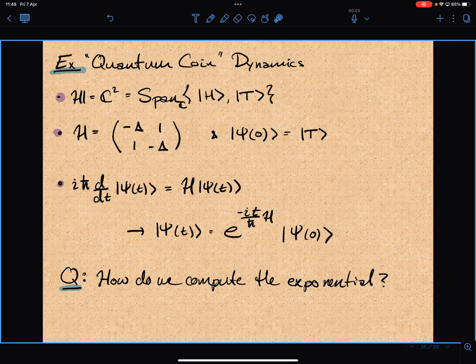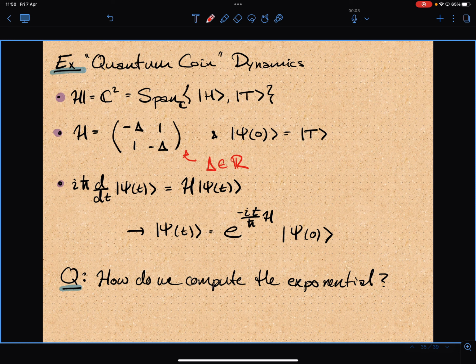So this is what we'll start with next class. We're going to consider the dynamics of this quantum coin, and here I'm choosing a particular Hermitian operator with a parameter delta, and here, due to the Hermitian condition, this delta must be real.